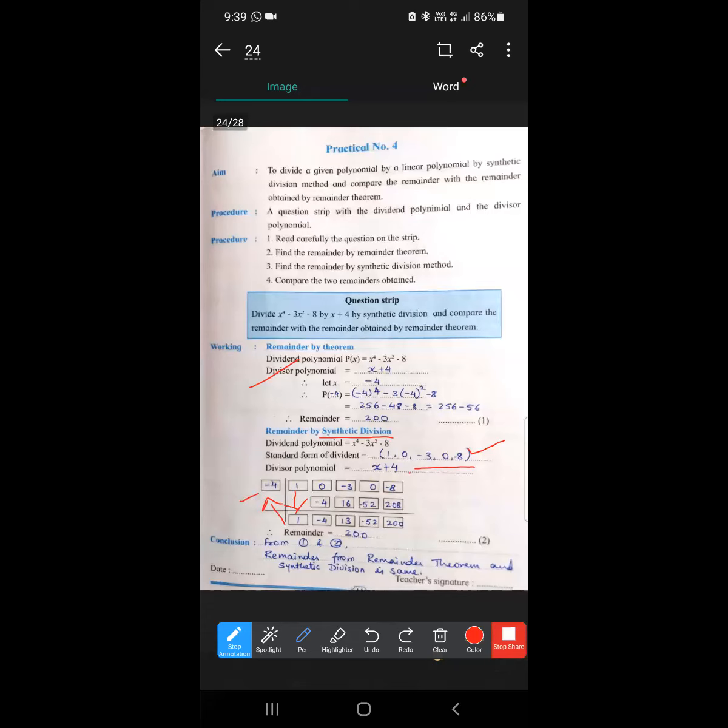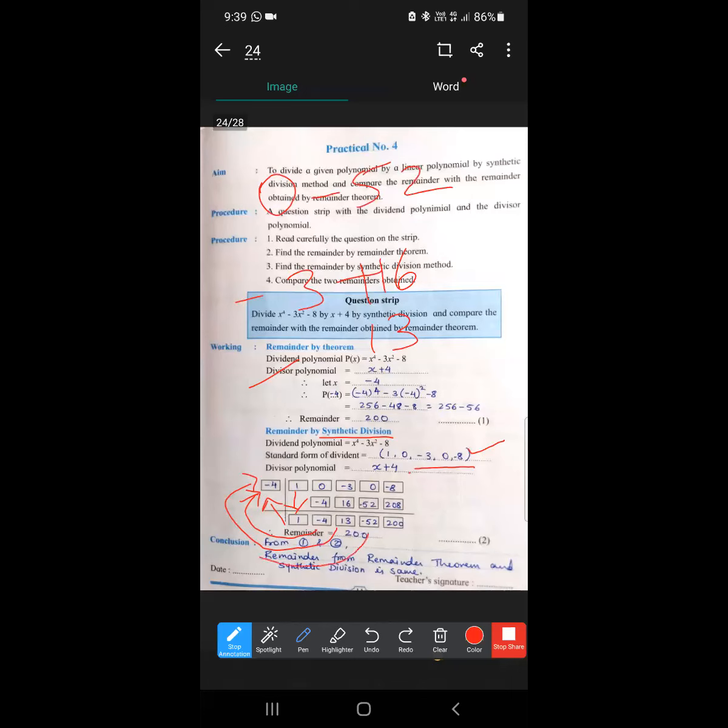Then again minus 4 into minus 4 will be plus 16. So minus 3 plus 16, what will you get? Plus 13. Then 13 multiplied by minus 4 is minus 52. So 0 minus 52, you will get minus 52.